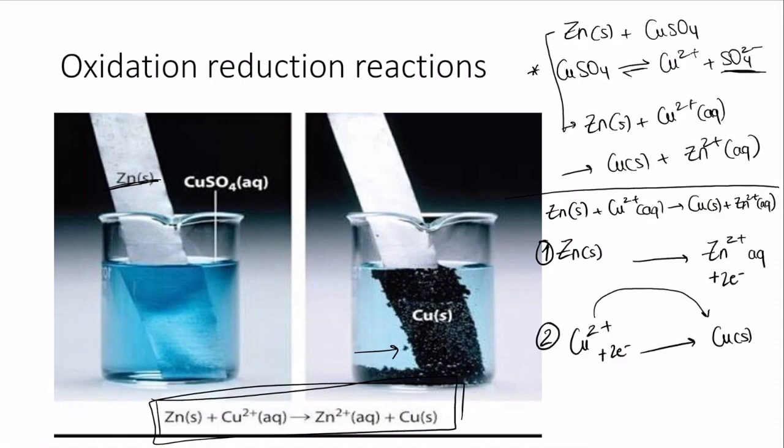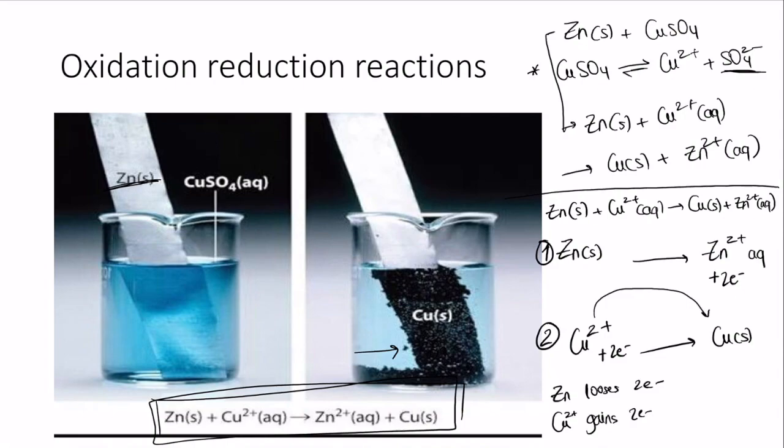So the Cu2+ ions need to gain 2 electrons to become Cu. Now, here we can say that Zn loses 2 electrons, and Cu2+ gains 2 electrons to become Cu.